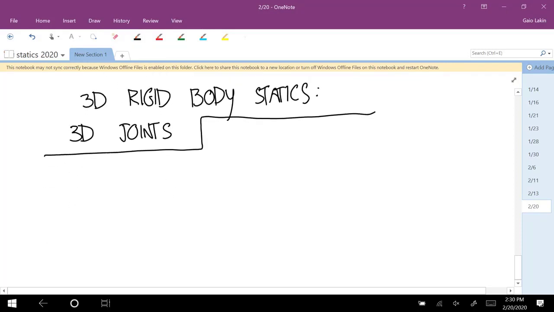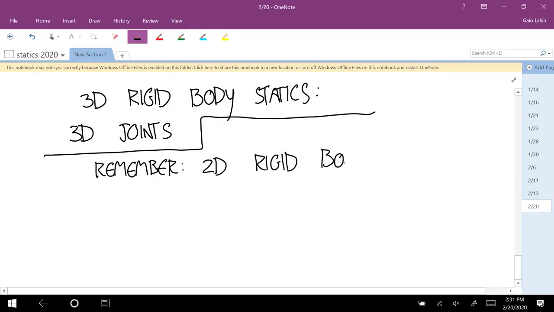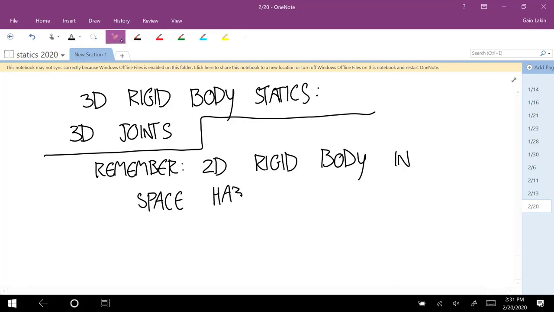All right, so remember when I started talking about two-dimensional joints, I said, so remember, a 2D rigid body in space has 3 degrees of freedom.